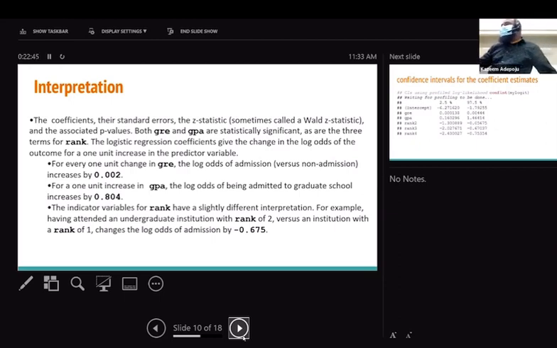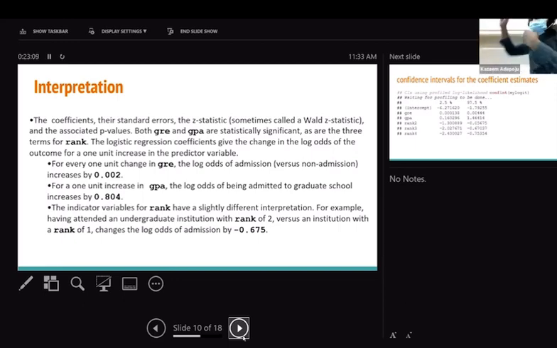We have levels of rank, right? We have rank 1, 2, 3, 4. And the one that is not showing in the table is rank 1. If we want to interpret, we're going to be making our interpretation of a particular rank with respect to rank 1.